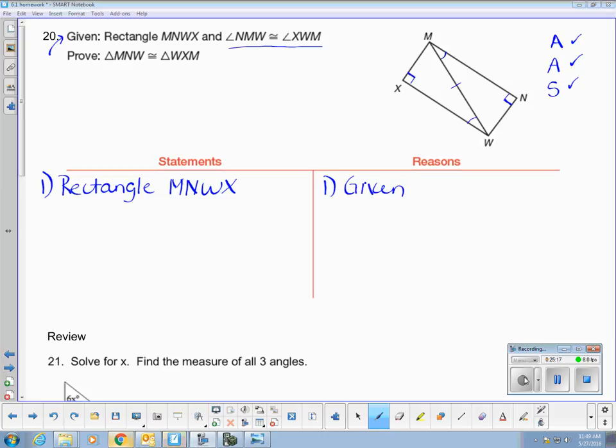Knowing that we had a rectangle, we were able to say that angle X and angle N are right angles. And we know that by the definition of a rectangle.